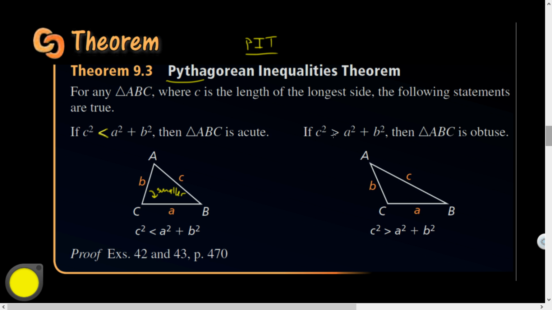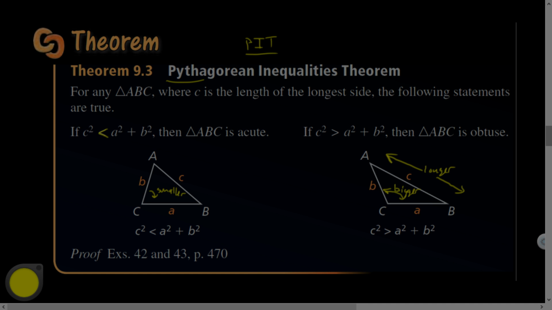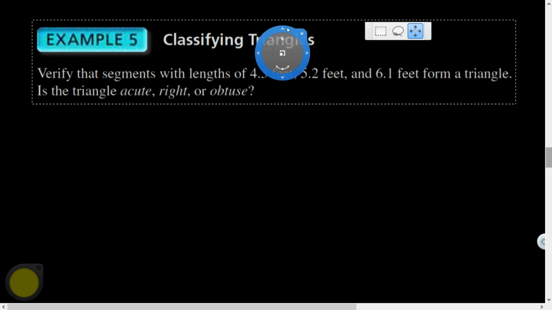If c squared is larger, that means the hypotenuse got longer and the angle got bigger. Anything bigger than a 90-degree angle is going to be obtuse, in a triangle anyway, because it can't be more than 180 degrees. So you can use this as a test to determine what type of triangle we're dealing with. Is it acute? Is it obtuse? Is it right?